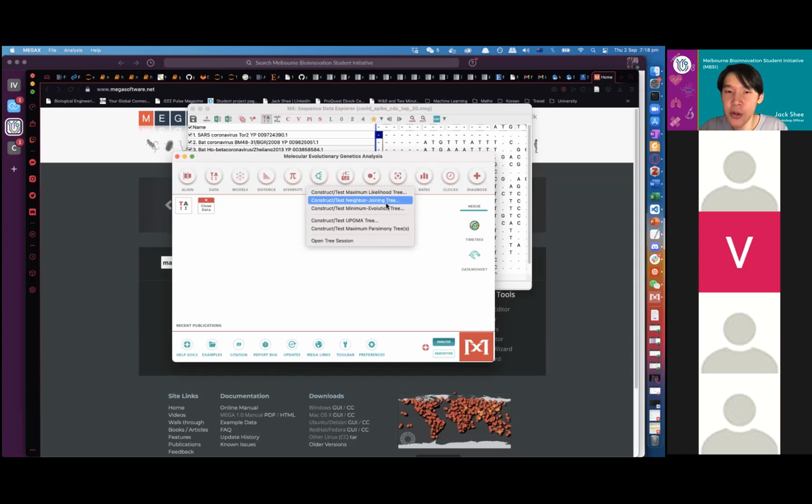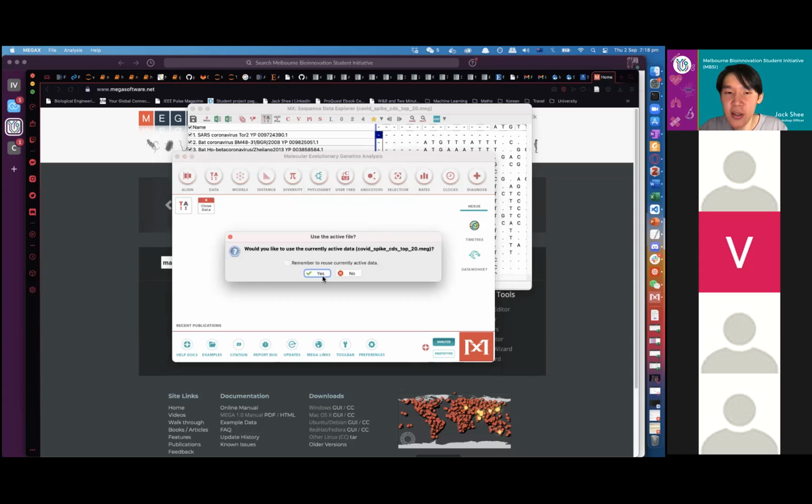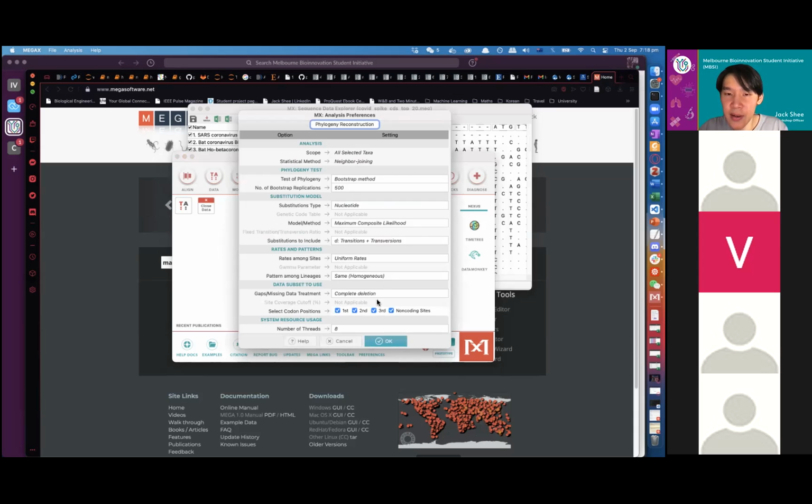So we're just going to click a neighbor joining tree. There are some options, which we're just going to leave at default, because we haven't really talked about rates among sites. Those are the specific scoring properties. And we're just going to click OK.